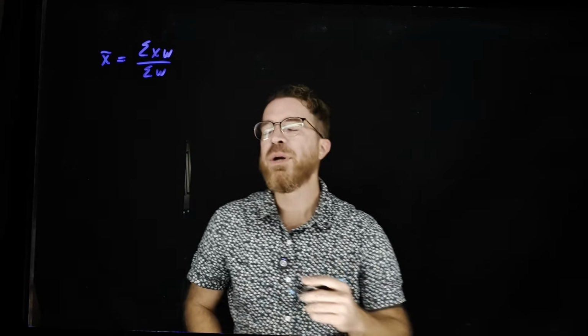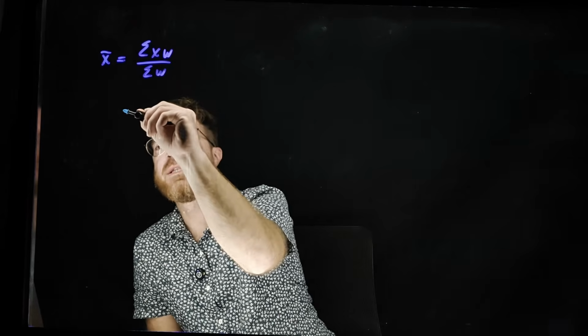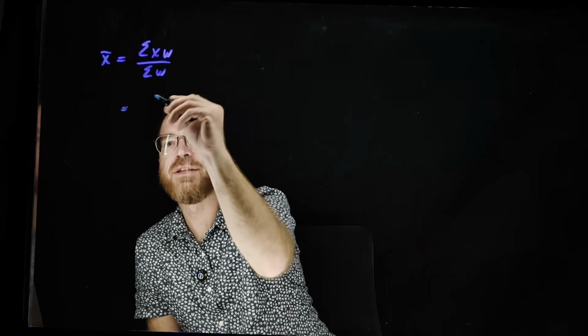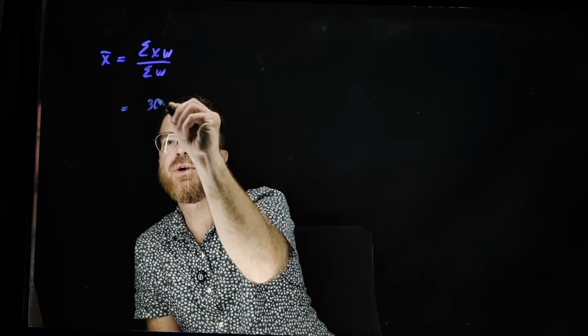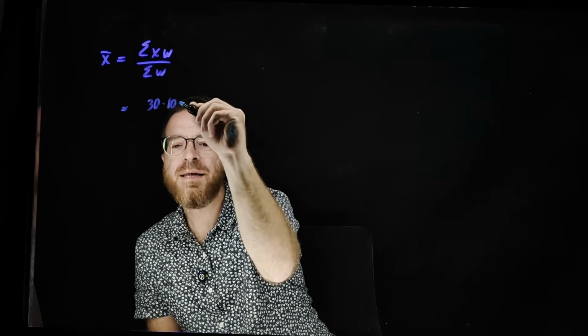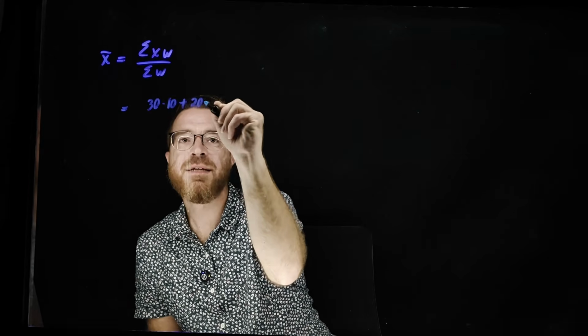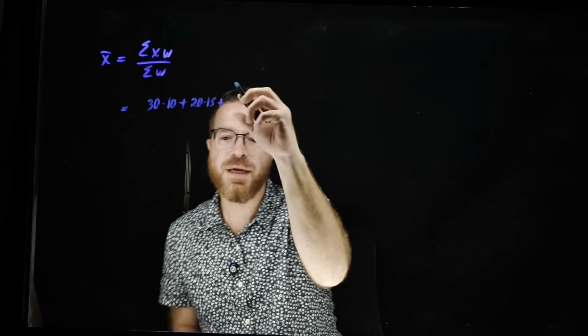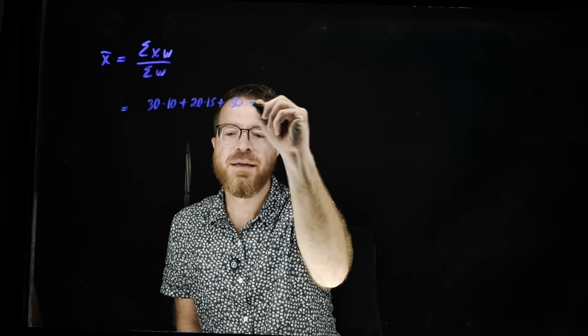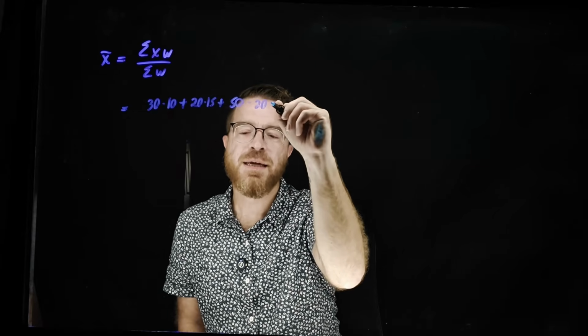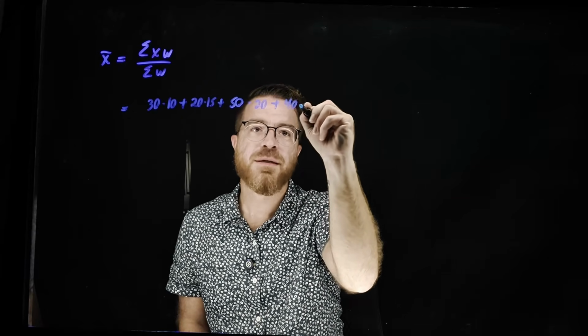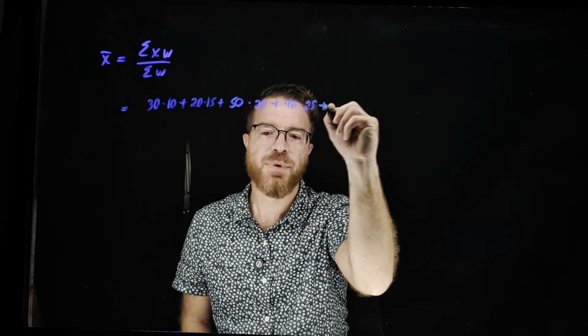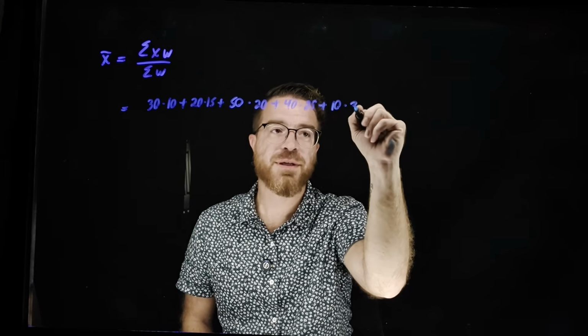So now if I wanted to do this, I have the price and the units sold. So 30 times 10 plus 20 times 15 plus 50 times 20 plus 40 times 25 plus 10 times 30.